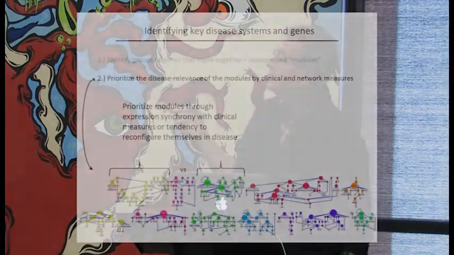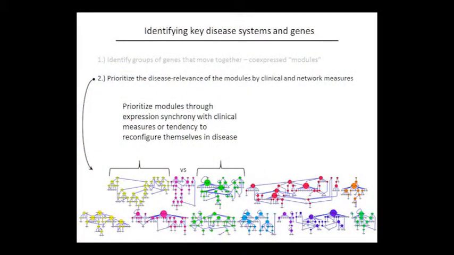All you do is build co-expression calculated for disease versus healthy. So we took the Alzheimer's brains and the normal brains and looked at co-expression differences. The second step is we then prioritized those by looking at the synchrony with the clinical measures. So we did a rank order of these clustered co-expressed genes and said, these are ones that almost all the time, all the way through every parameter, may be more important than others.